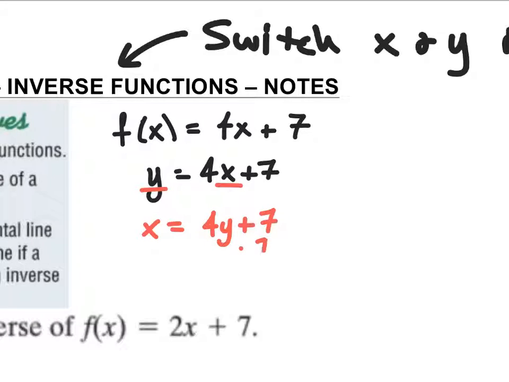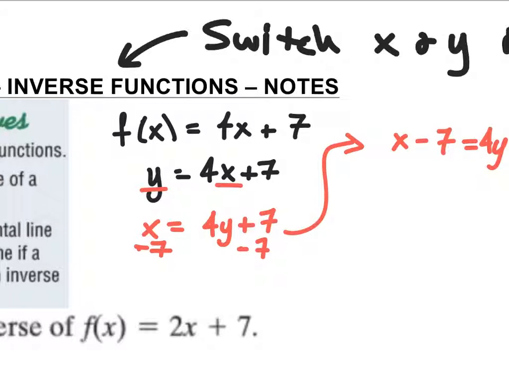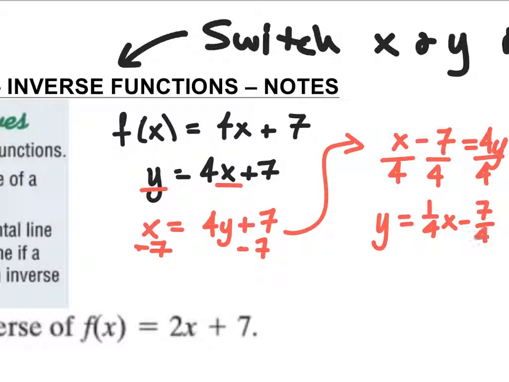So I'm going to subtract 7 from both sides, and I end up getting the equation x minus 7 is equal to 4y. I'm going to divide everything by 4, and then I'm going to get y equals 1/4 x minus 7/4, and this is my inverse.